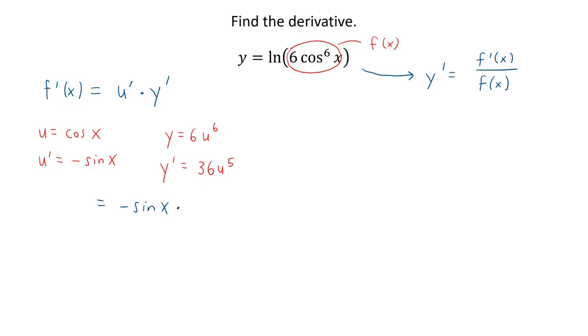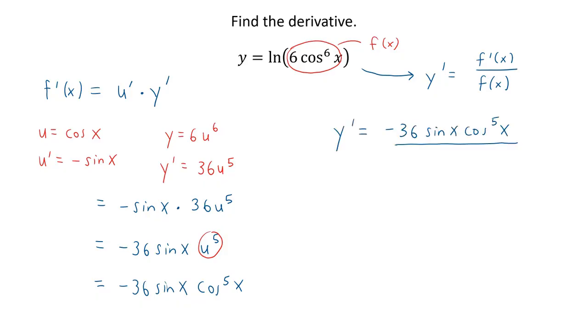U prime is negative sine x, and we multiply that by y prime, which is 36u to the 5th. Simplifying that gives us negative 36 sine x times u to the 5th. And now wherever we see u, we substitute back in cosine x. So that gives us negative 36 sine x times cosine to the 5th of x.